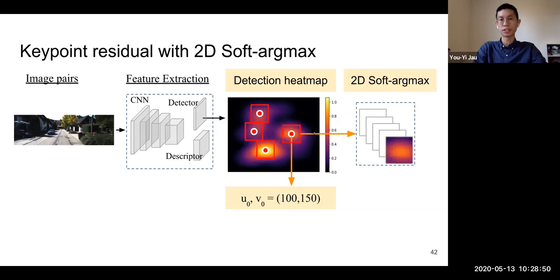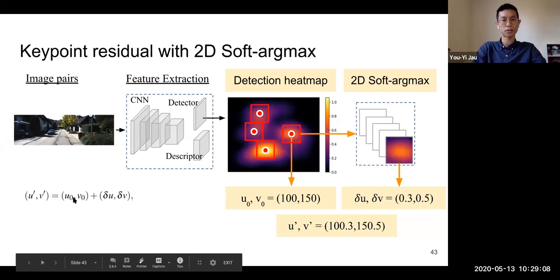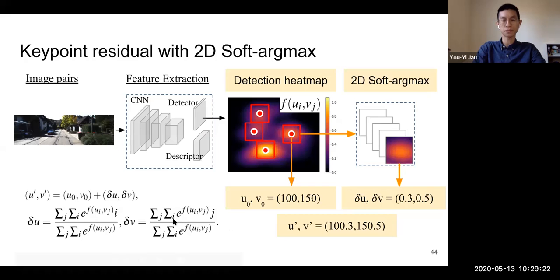We use the 2D soft argmax module, where we crop a small patch around the key point and use the module to get the residual on the point. The residual comes out as delta U, delta V for the X and Y directions and is added to the original U0, V0 to get a new key point with subpixel accuracy. And this new location becomes differentiable through the soft argmax module.